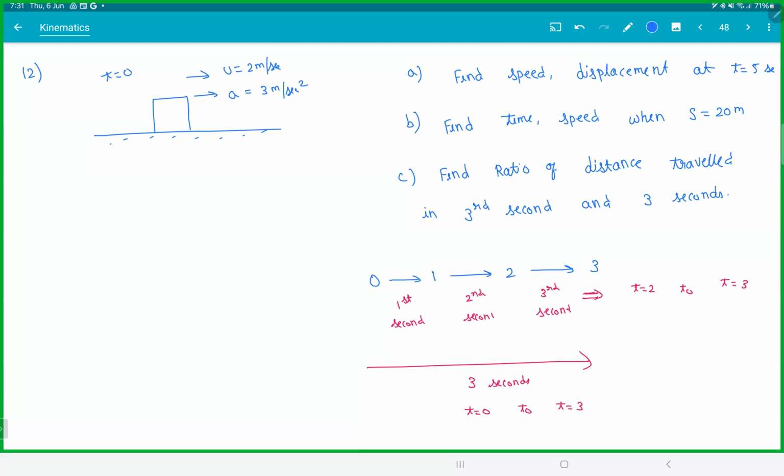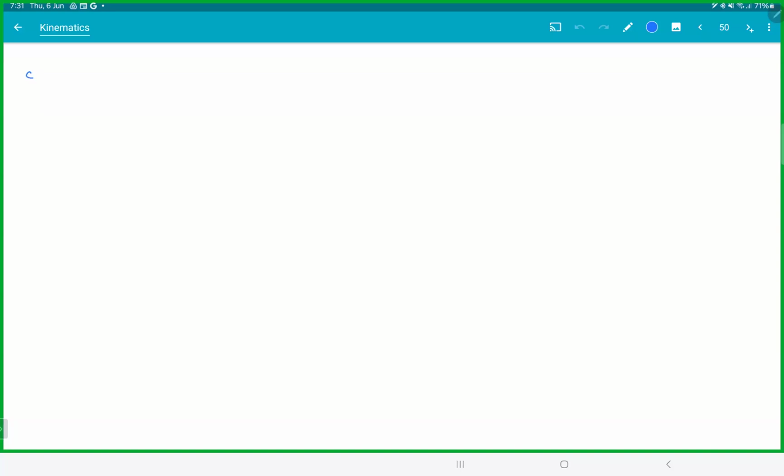Let's see. Yeah, right. Now the distance traveled in 3 seconds. So I will go from 0 to 3. We are using the formula ut plus half at square.